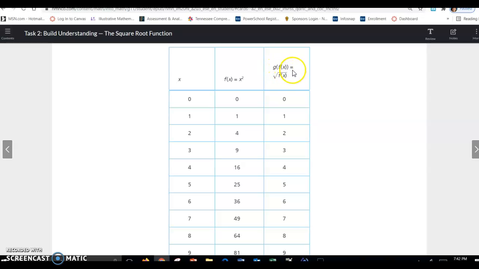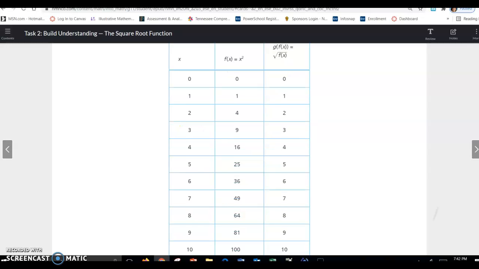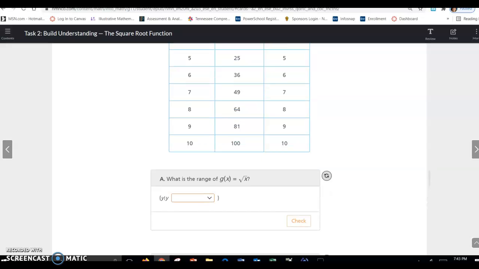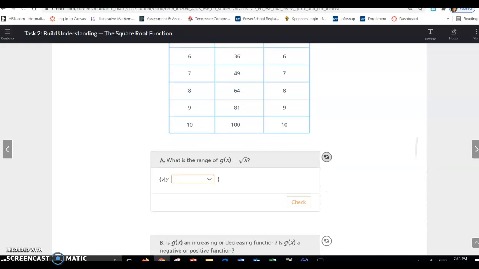We learned this in the last lesson, and this is a composition of functions. If you put x into one function, put the answer into the second function, and you get what you started with, that means it is the inverse. And you can see that they've done that there.